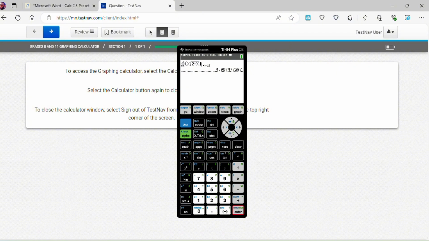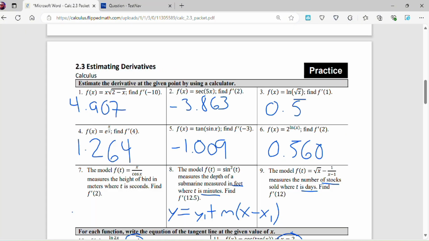So you can do 4.907, rounding up or down, whatever is appropriate. The truncating and rounding in this question are the same. But if it was, let's say, 4.9075, 4.908 would be acceptable since you're rounding up to the third decimal.